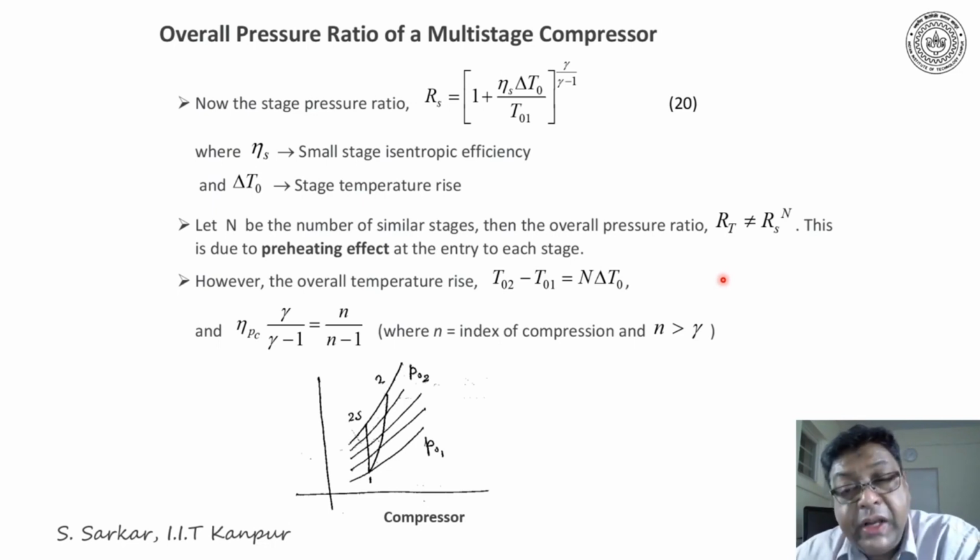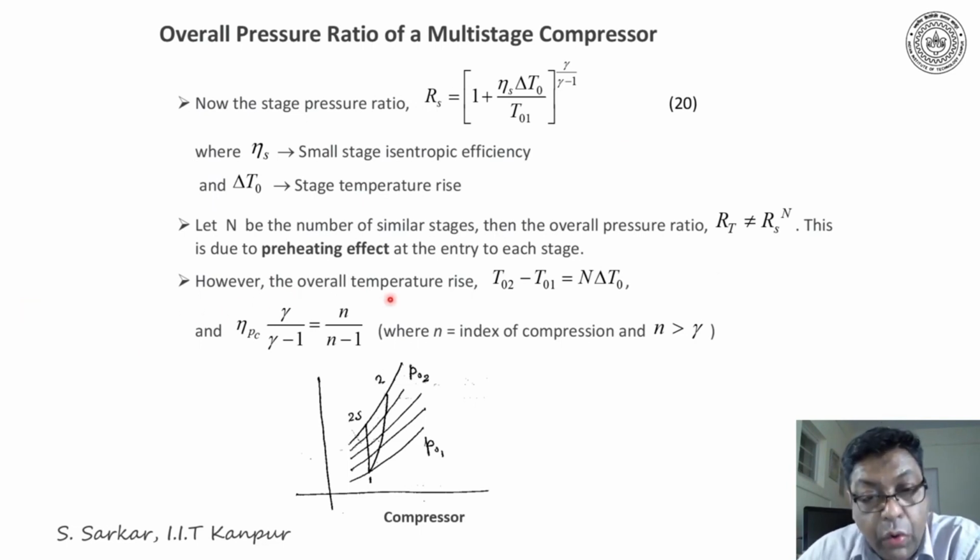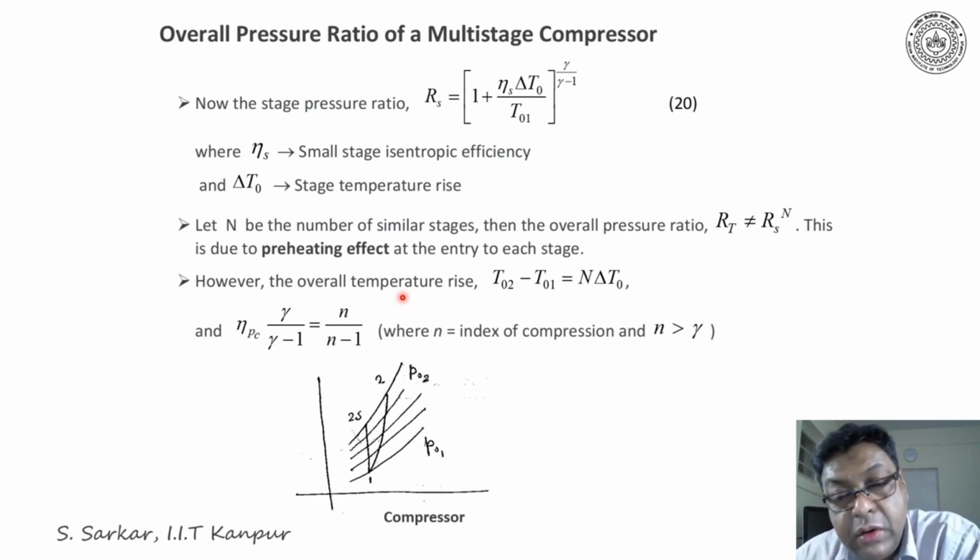Thus, what I would like to say is that even if the stages are of similar design, the pressure ratio in each stage would not be equal. However, temperature rise for each stage would be equal. Thus, the overall temperature rise for the compressor T02 minus T01 would be equal to n into delta 0.